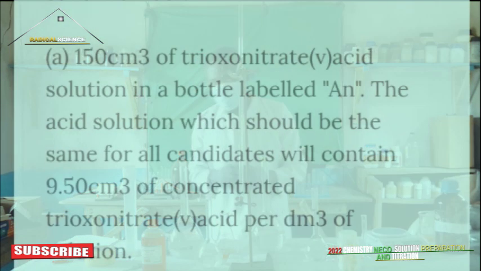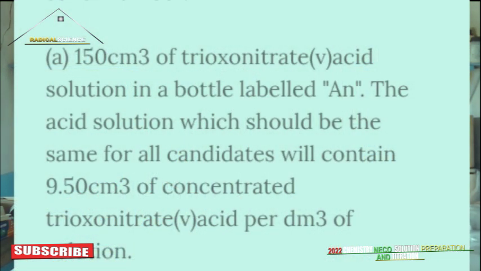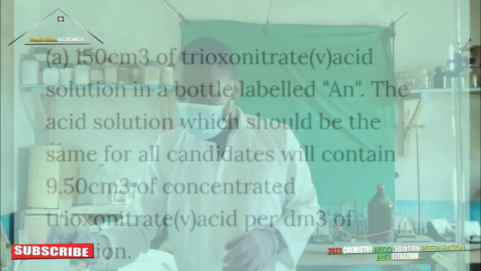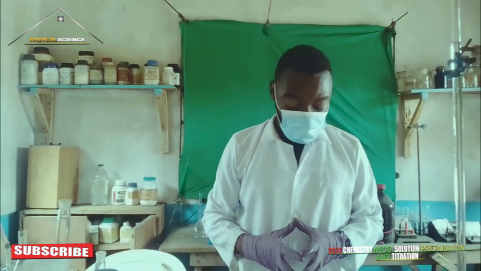They said we should prepare 150 cm cube of trioxonitrate 5 acid solution in a bottle labeled AN. The acid solution, which should be the same for all candidates, will contain 9.50 cm cube of concentrated trioxonitrate 5 acid per dm cube of solution.